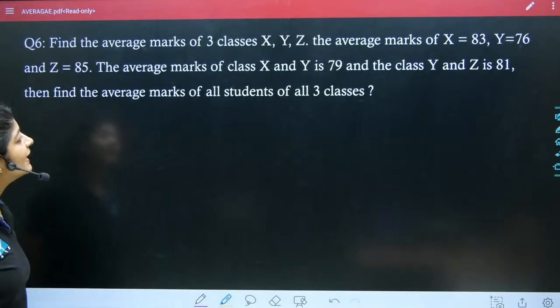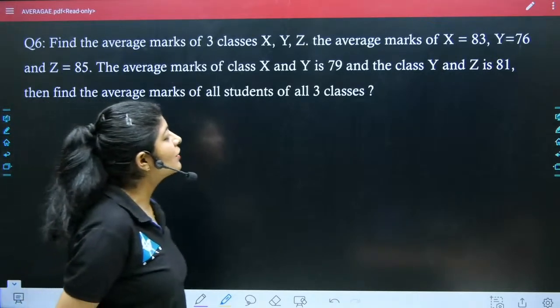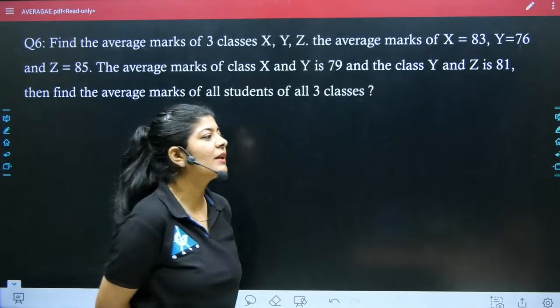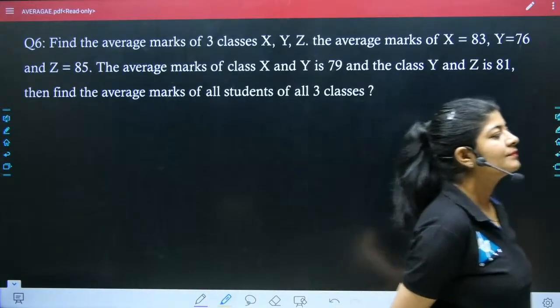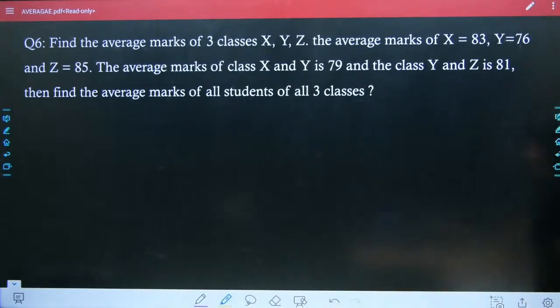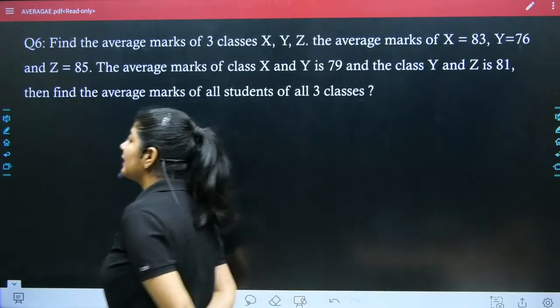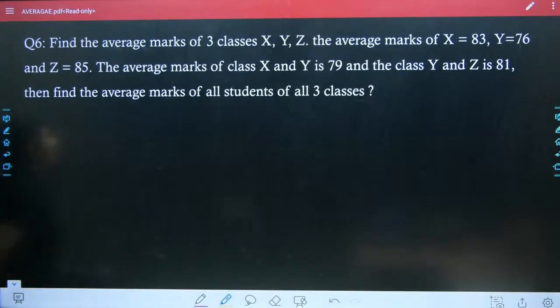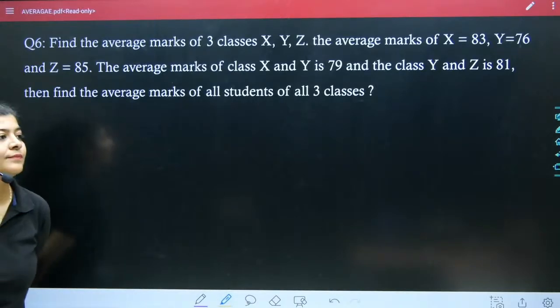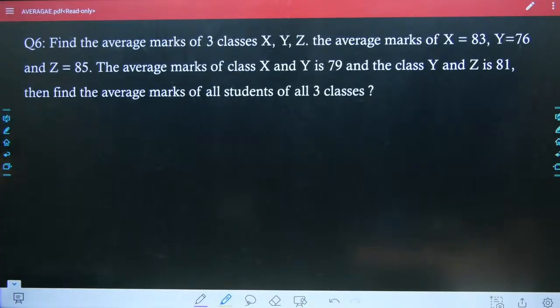Then find the average marks of all the students of 3 classes. How do we calculate this? Try to put allegations over here just to calculate the number of observations, or we can say the number of students in each class. So we can simply calculate our answer.